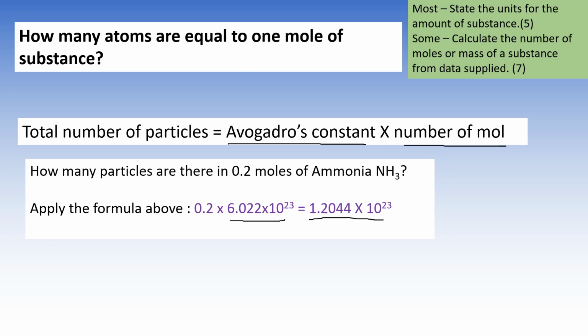So it is that simple. In the exams they may ask you to calculate how many particles there are in 0.3 moles of oxygen, for example, or how many particles there are in 0.5 moles of hydrochloric acid. So you apply the same procedure.